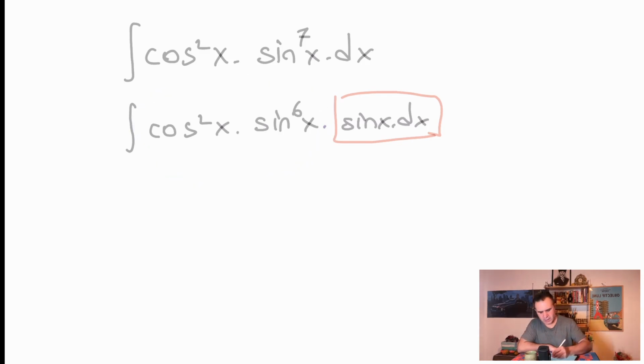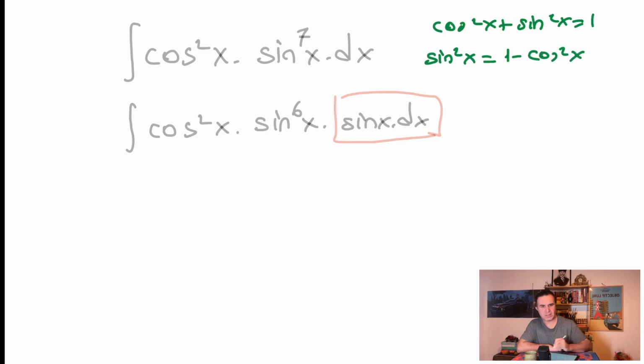We know that cosine square of x plus sine square of x is equal to 1. This means that I can write sine square of x as 1 minus cosine square of x.